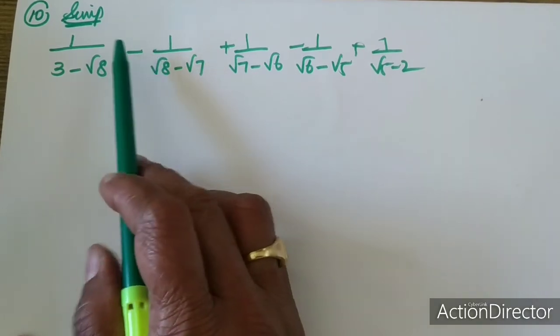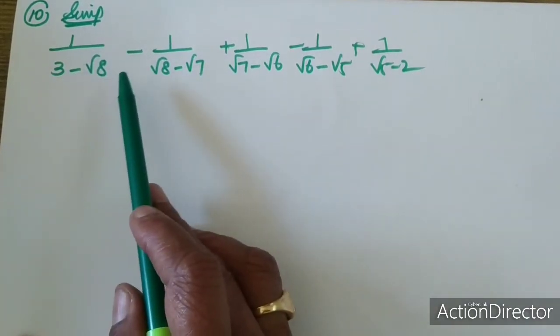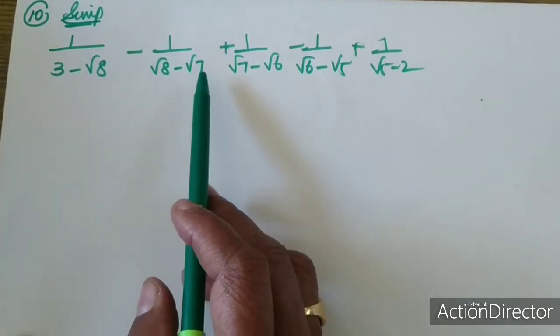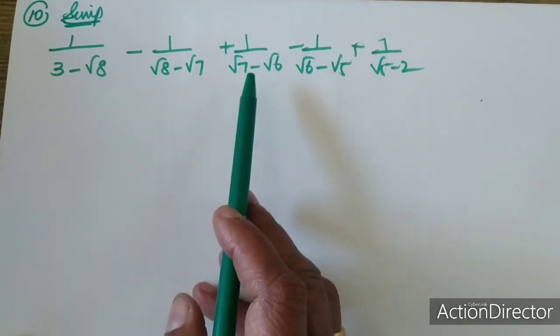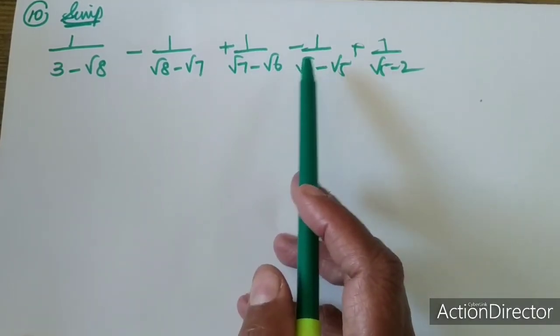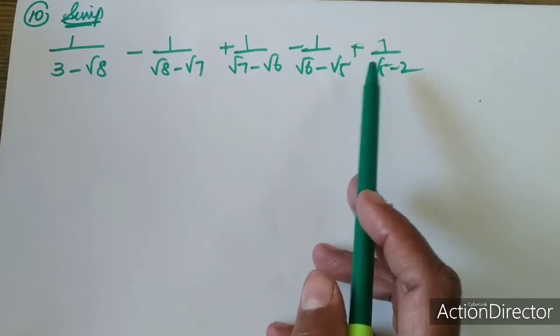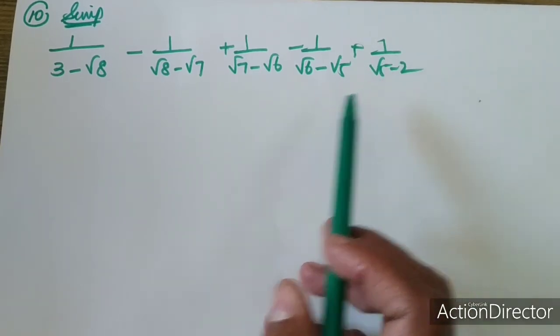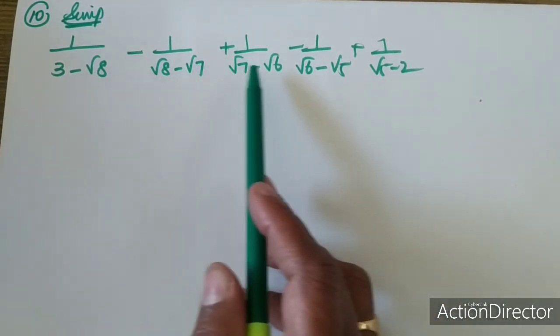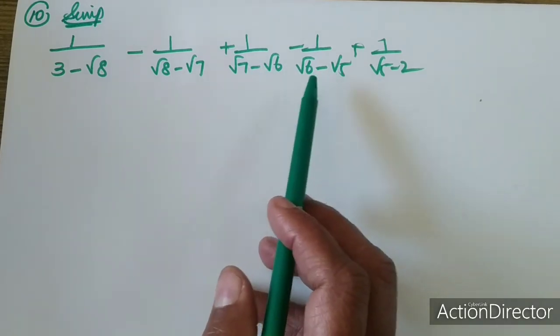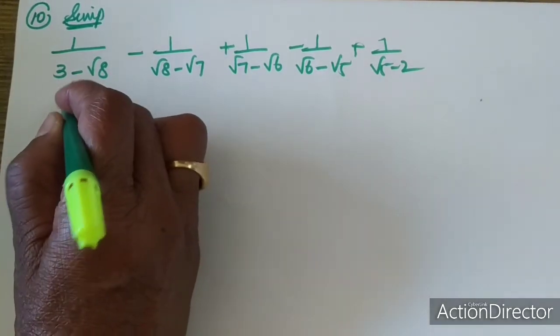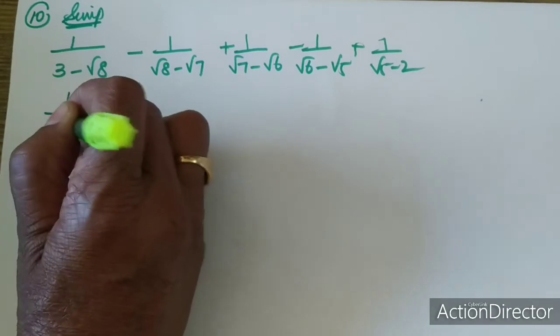Now again you have to simplify 1 upon (3 minus root 8) minus 1 upon (root 8 minus root 7) plus 1 upon (root 7 minus root 6) minus 1 upon (root 6 minus root 5) plus 1 upon (root 5 minus root 2). Now you simplify each and every term separately. So first we will take 1 upon 3 minus root 8.